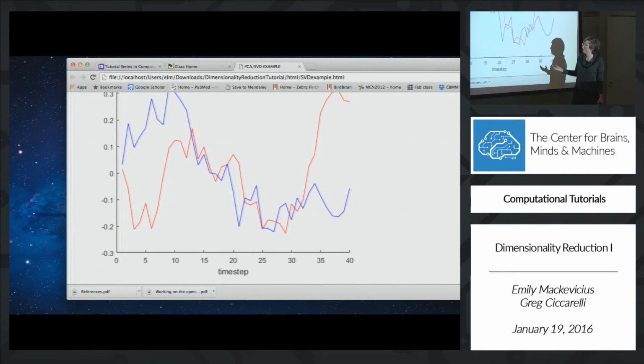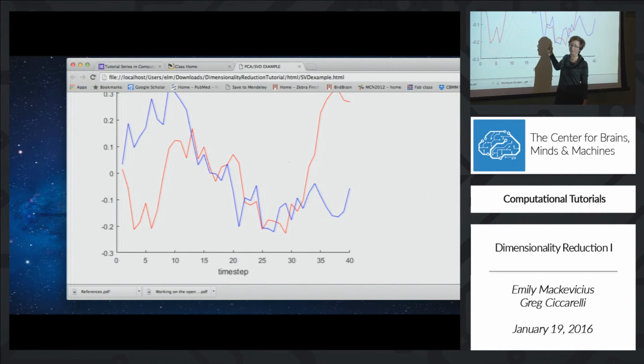How to interpret this is that any trajectory that you see the neuron go through would be mostly explained by a combination of these two things. For example, on some trials, you might see the neuron mostly doing the blue thing, and on some trials, mostly the red trajectory through time. Other trials might be a combination of those two things. But it can mostly be rewritten as a combination of just these two patterns.